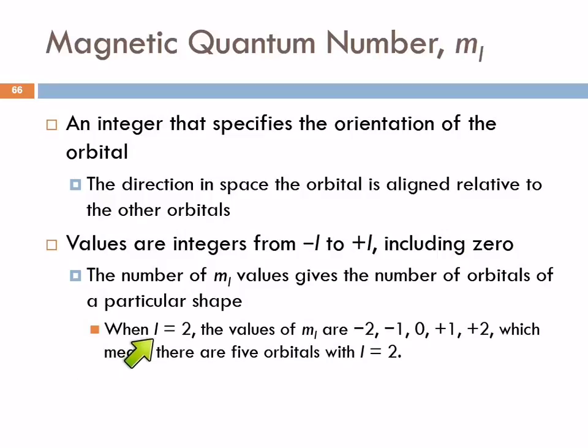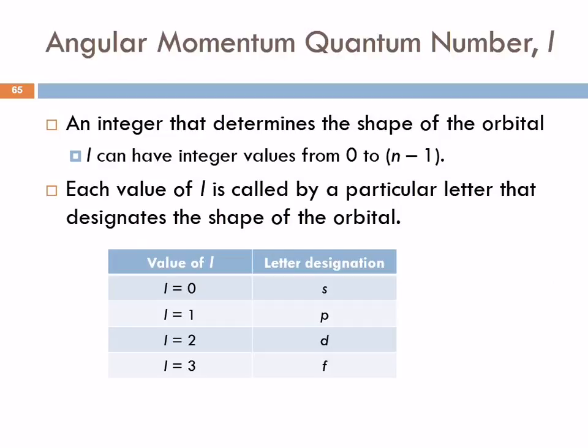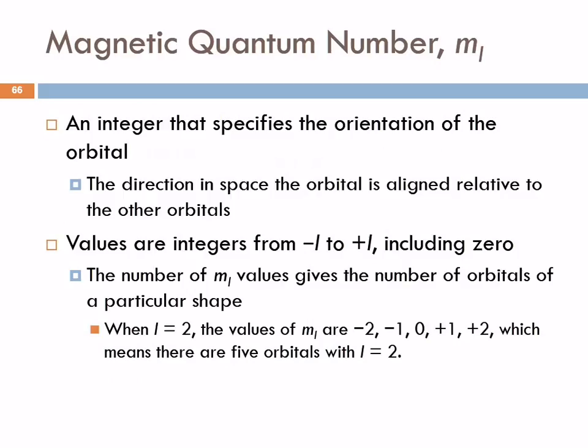Let's look at L equals 2. If L equals 2, then the possible values of m sub L range from -2 to +2. We've got -2, -1, 0, +1, and +2, which means there's 5 orbitals.